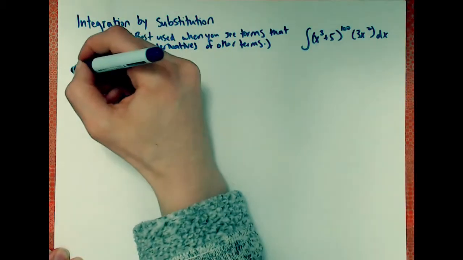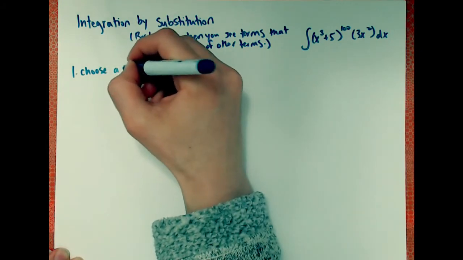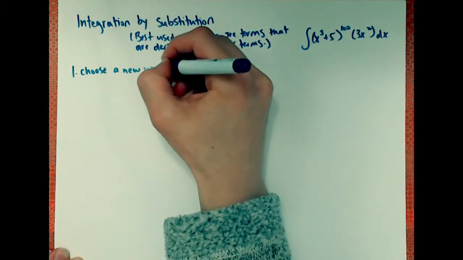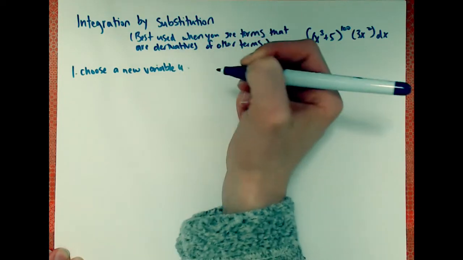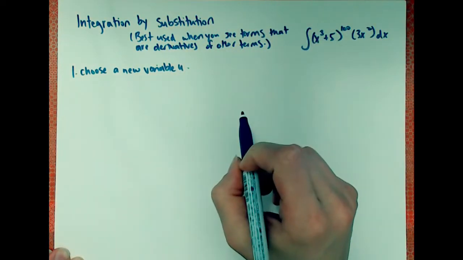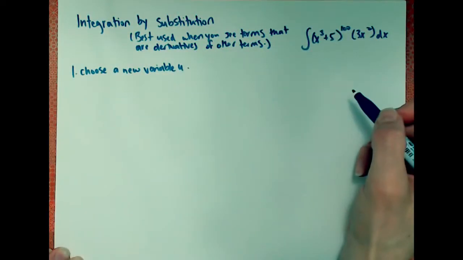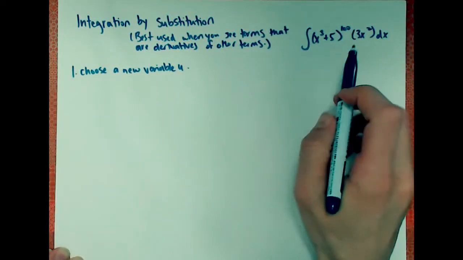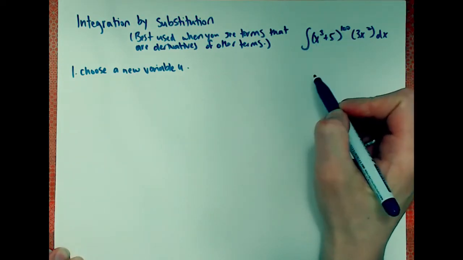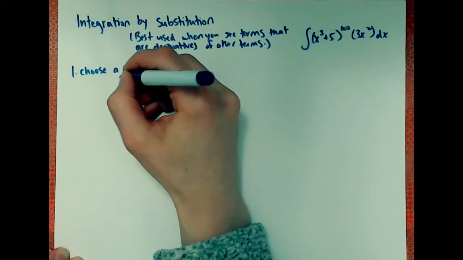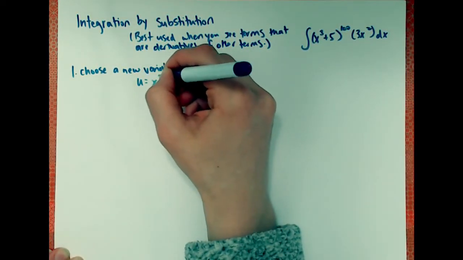So what you do is you choose a new variable, u. Usually this is the innermost expression or inside term of a composite of functions. So in this case, we're going to use x cubed plus 5. Here we'll say u is equal to x cubed plus 5.